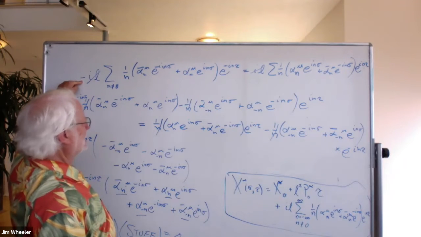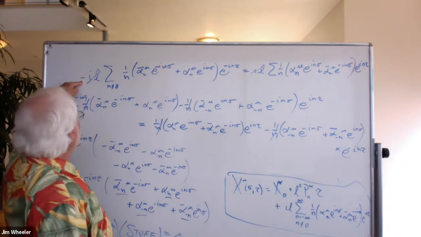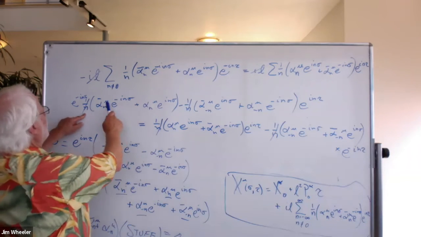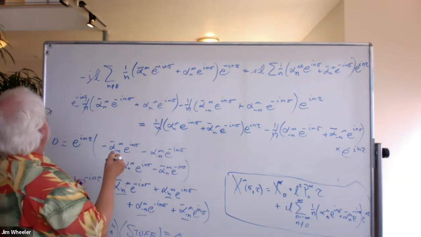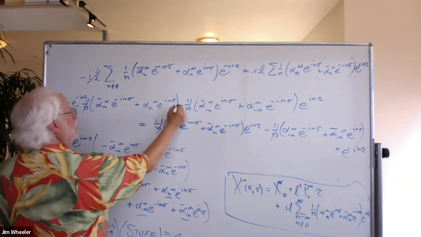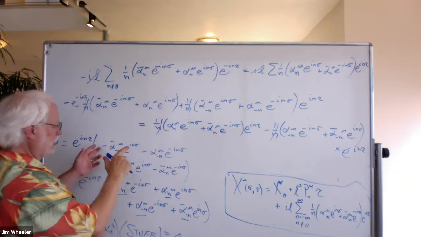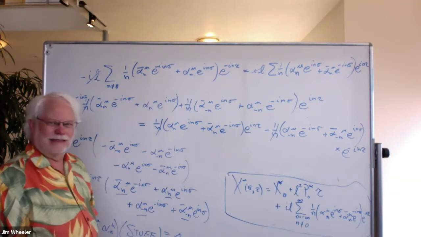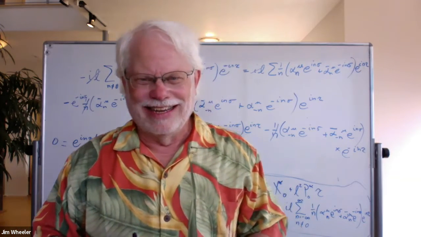I may have lost this sign. So here, 1 over n, this is all of that, but I lost that sign. So I should have had minus plus. That's going to change half the signs and make that a plus. So exercise. Do it correctly.